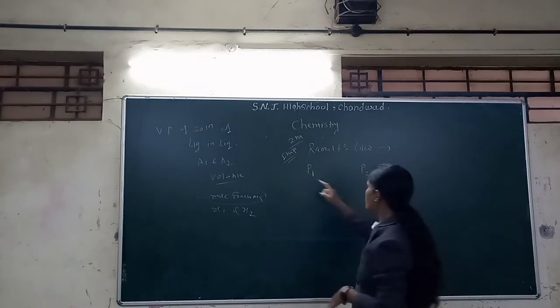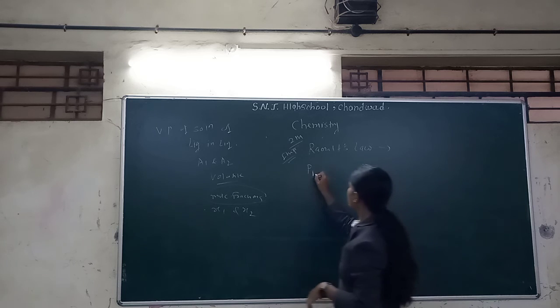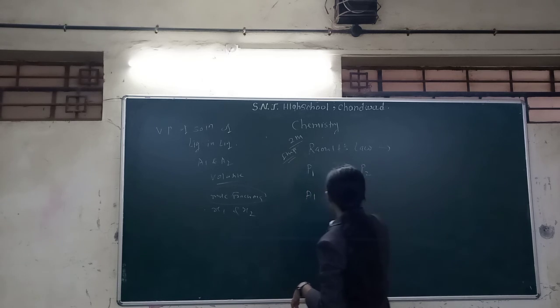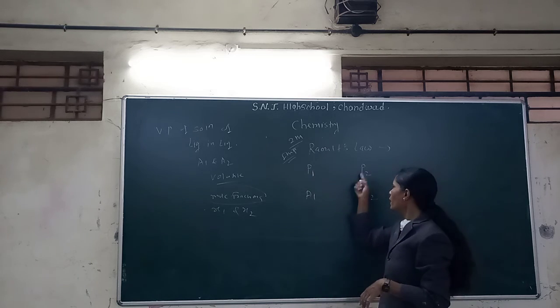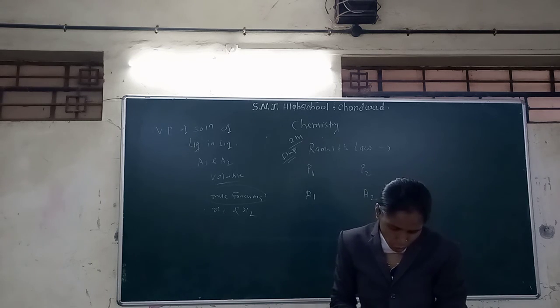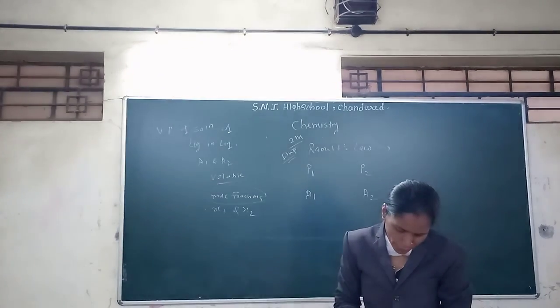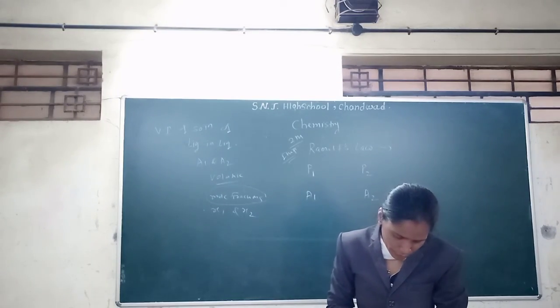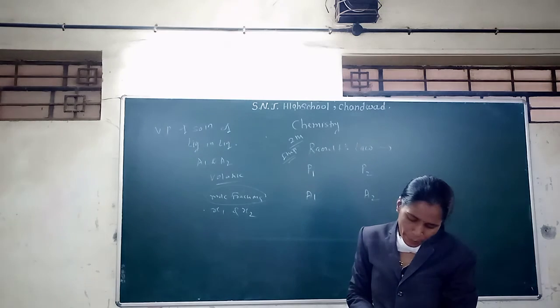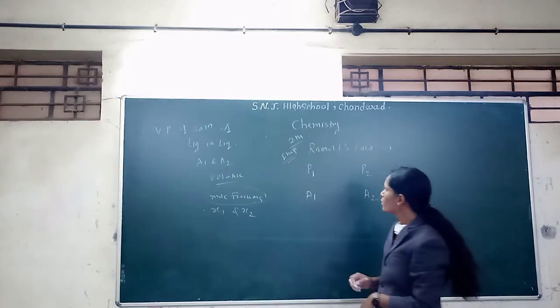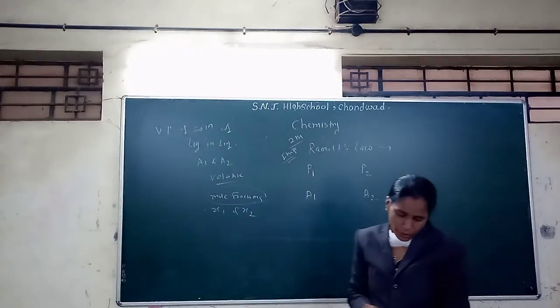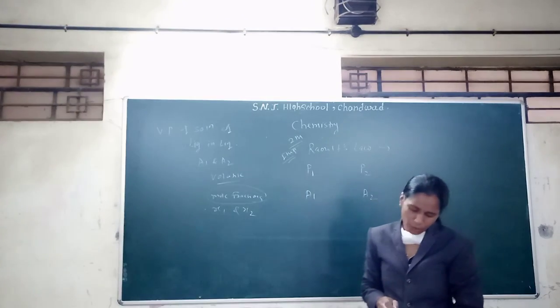when the A1 solution and A2 solution having partial pressures P1 and P2 are mixed together, then the partial vapor pressure of the volatile component is equal to the vapor pressure of the pure component multiplied by the mole fraction.